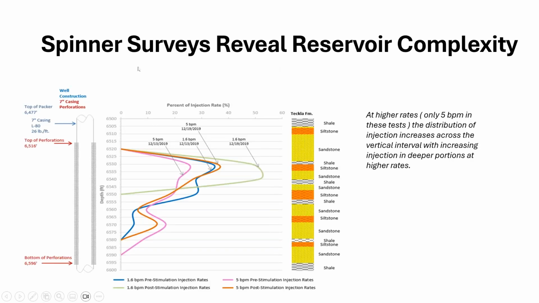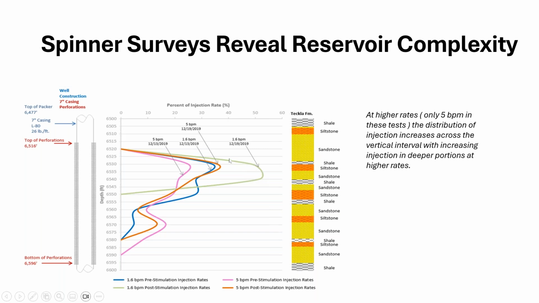This is the first example, using a spinner survey to reveal how the reservoir will begin to accept fluids at higher pressure. Here we have a test that was conducted on a well in Wyoming, where we started a temperature test at 1.6 barrels per minute, or I'm sorry, a spinner test. And as you can see, a small portion of this formation is accepting a large portion of the injection volume.